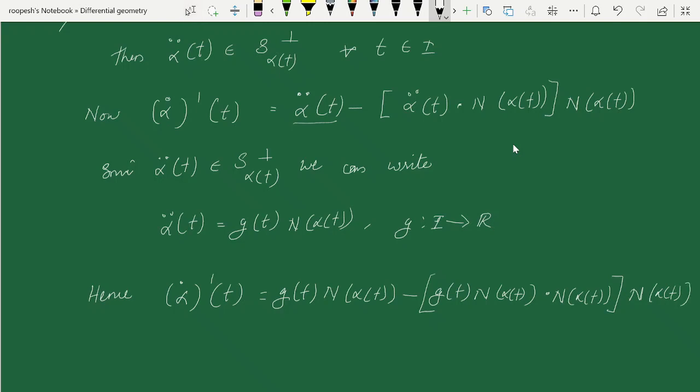Now what is n of alpha of t dot n of alpha of t? It is a unit normal, so when you take the dot product, it results in 1.